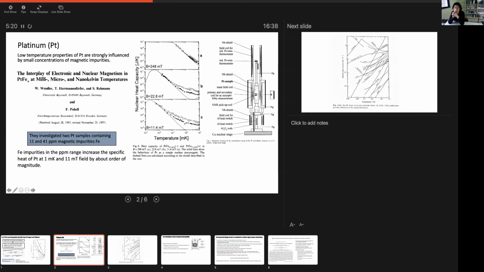So the peak position, do you know what the peak position corresponds to? In the figure, the Schottky heat capacity peak is changing by applying a magnetic field. Do you know what that is coming from?